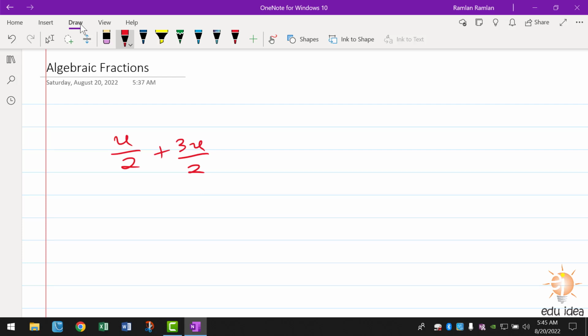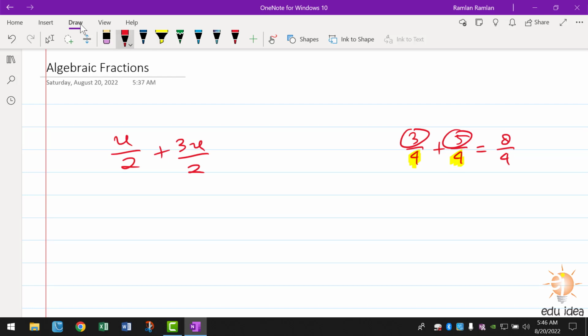For example, 3 over 4 plus 5 over 4 is just 8 over 4, because we can just add the numerators when the denominators are the same. If they're not the same, then we need to make them the same. Remember the topic about equivalent fractions, that is also going to work.